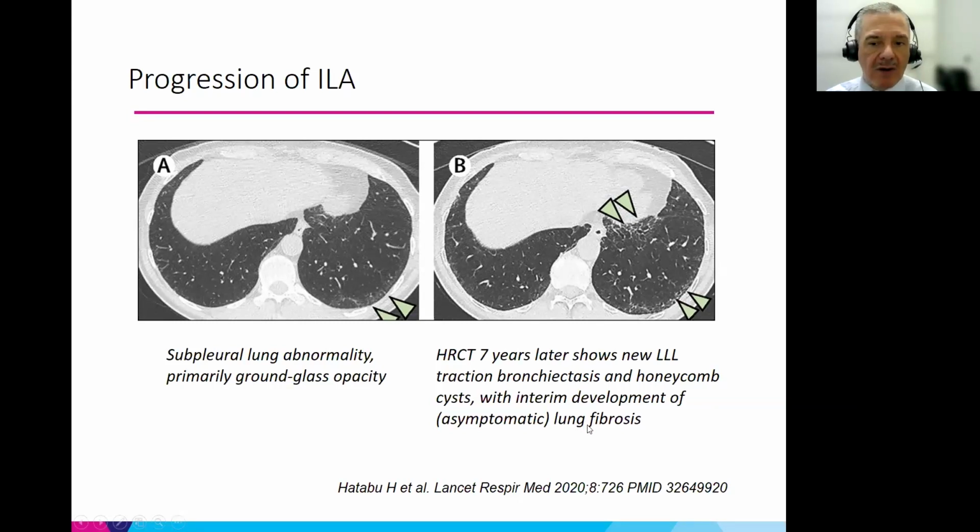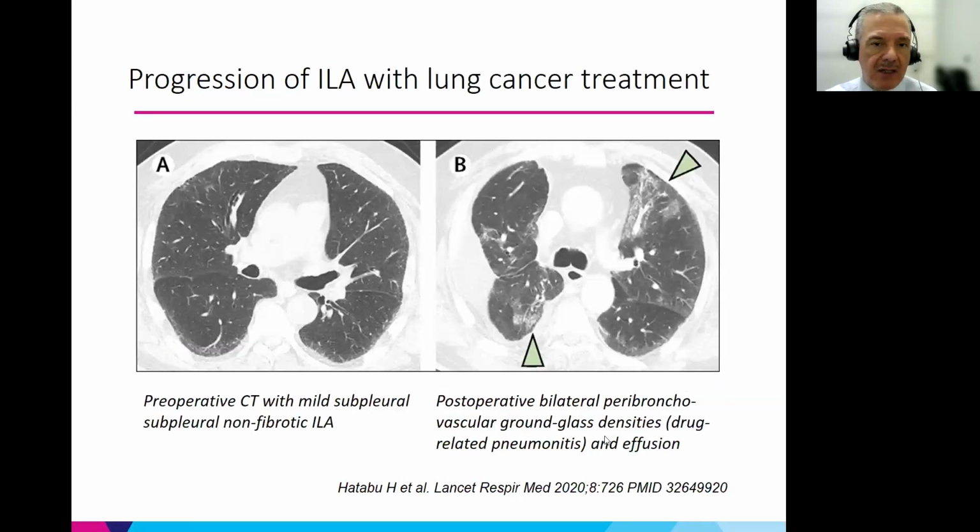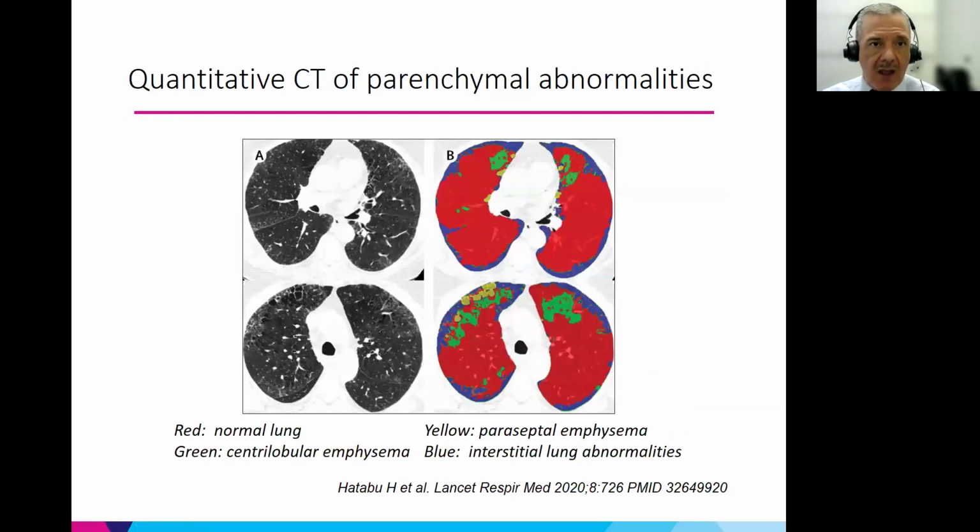So this is why we follow these individuals over time to see if they are going to develop the fibrosing disease. This is a case with cancer treatment where you see the progression. And in this case, there was an effusion after surgery for lung cancer.